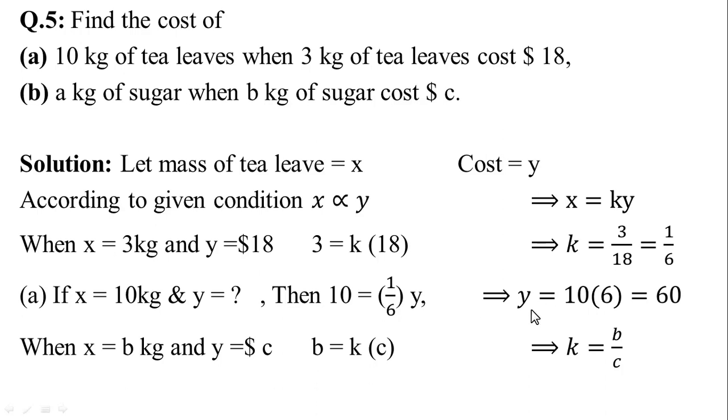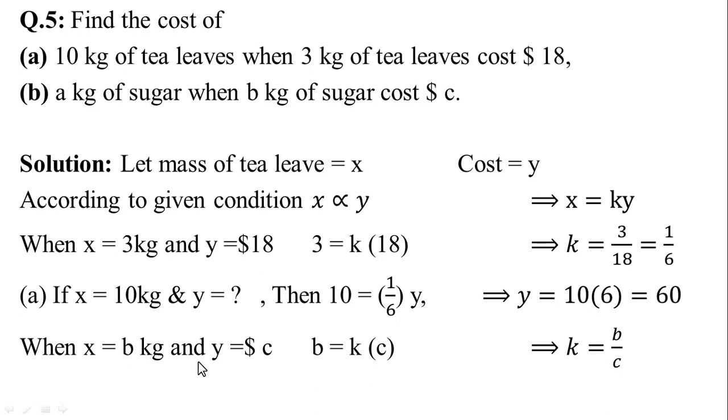Y is equal to, here 6 is divided, on the other side it will be multiplied, so Y is equal to 10 multiplied by 6. 10 multiplied by 6 is equal to 60, so the value of Y is 60.